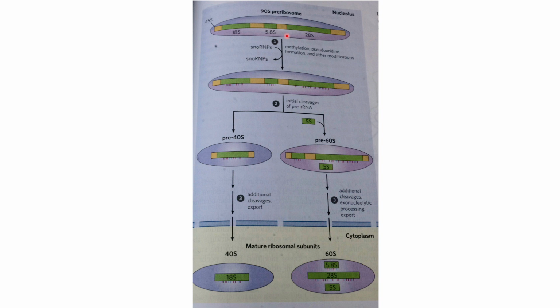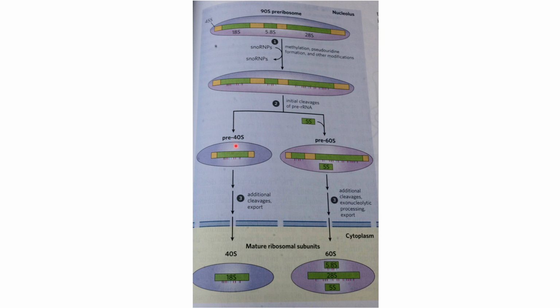These convey permanence to the RNA template, so it's not digested by ribonucleases. And this requires a series of ribonucleotides. You get pre-cleavage, initial cleavages of pre-RNA with addition of other protein moieties here.